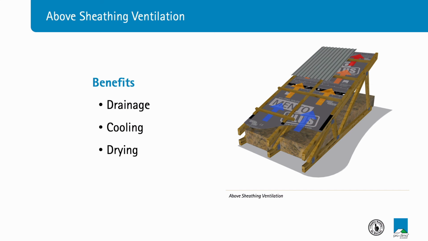And the air movement greatly enhances the drying capacity of the building and the assembly. So that's pretty much it for above sheathing ventilation and the recommended sizes for that ventilation space.